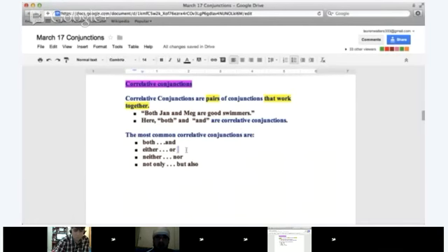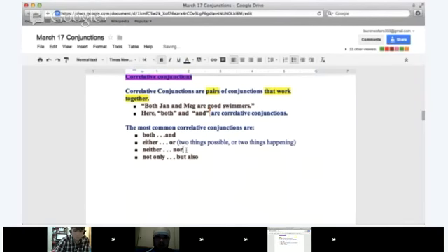Good. So if you can see here, either or is two things possible or two things happening, for example.